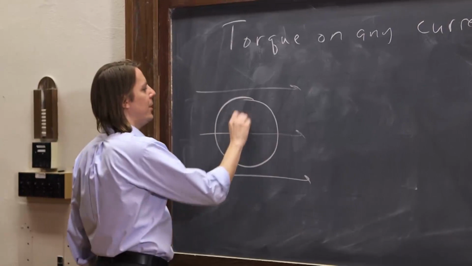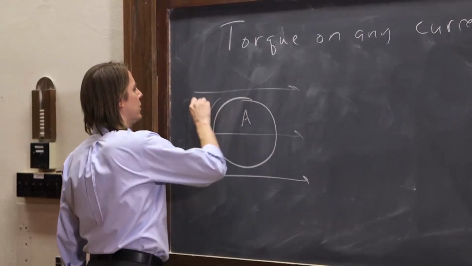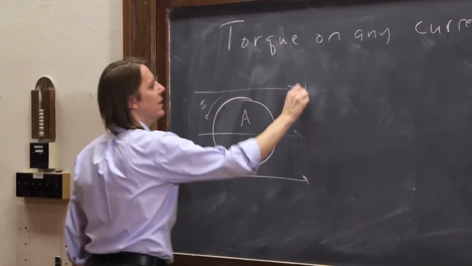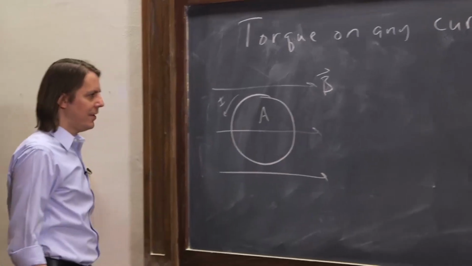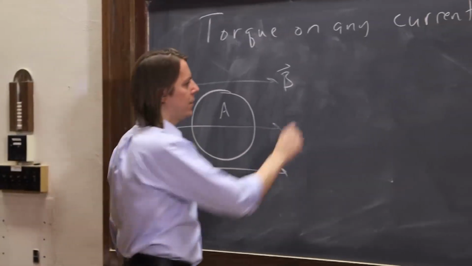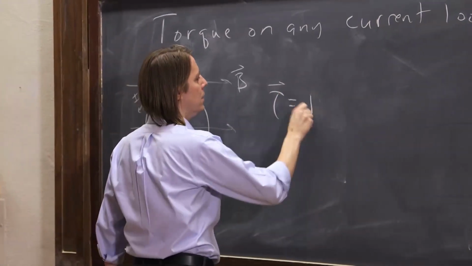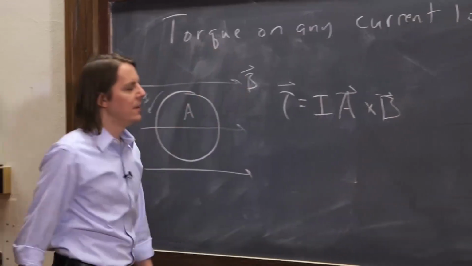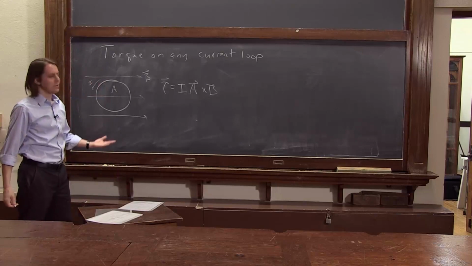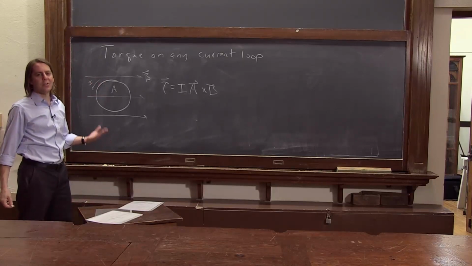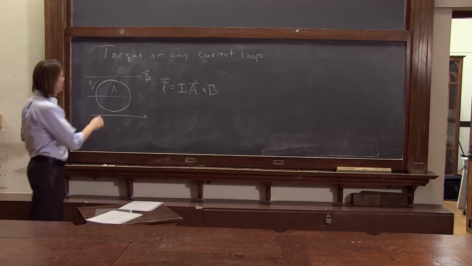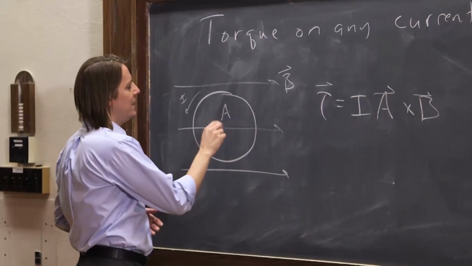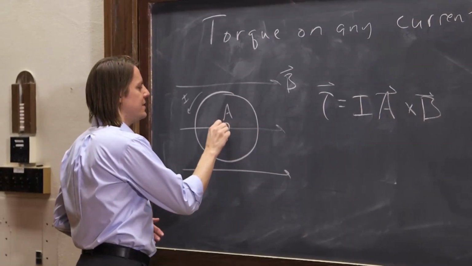If this circle has some area A, and the current's going around like that, and the B field is like that, then the torque is the current times A crossed with B. That's how we get the direction of the torque, is the cross product with the area vector. And it's that area vector we've thought about before, where it is, in this case, sticking out.